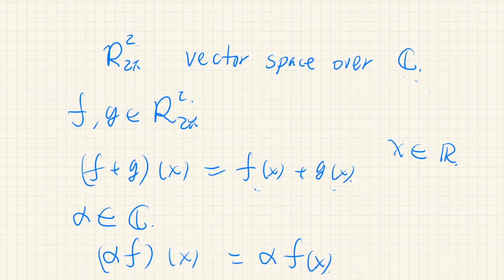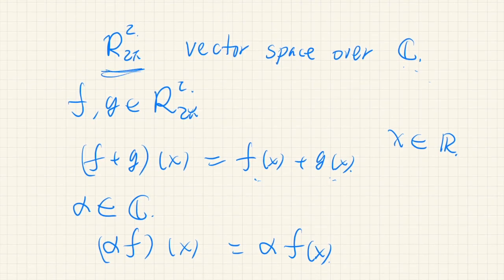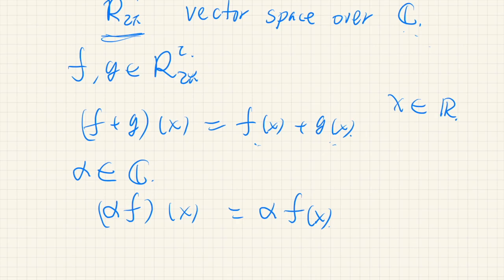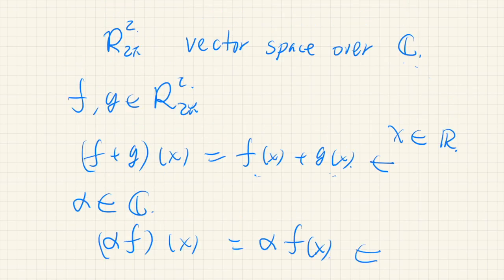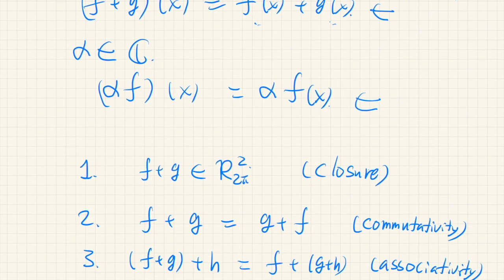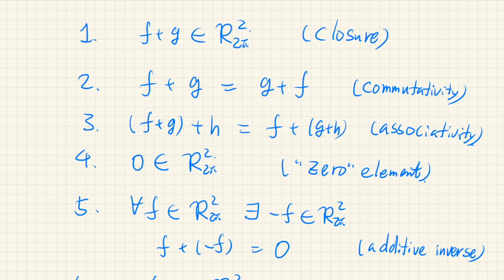Well, this is a periodic function, so we can limit this domain between negative pi to pi, but it doesn't matter much. Anyway, addition and scalar multiplication are thus defined. Now, in order to prove that this collection of functions is a vector space, we need to show a bunch of axioms, these.